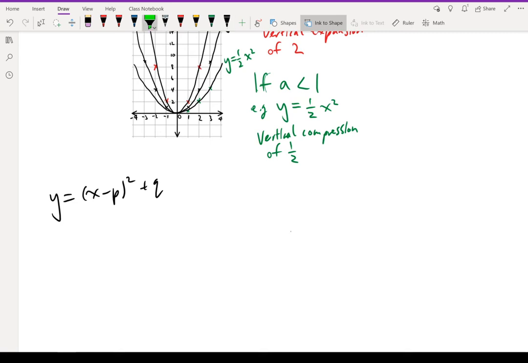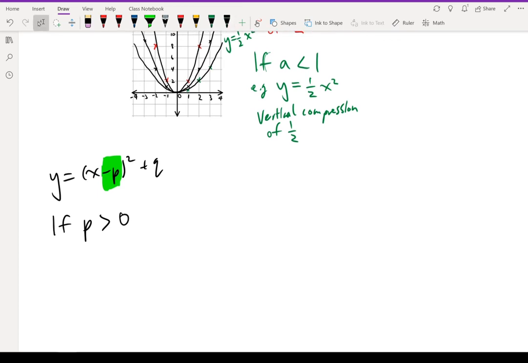Don't forget that in this general equation, it is minus p, which means that if p is positive, for example, p is equal to positive 1, I put the positive 1 into my equation.